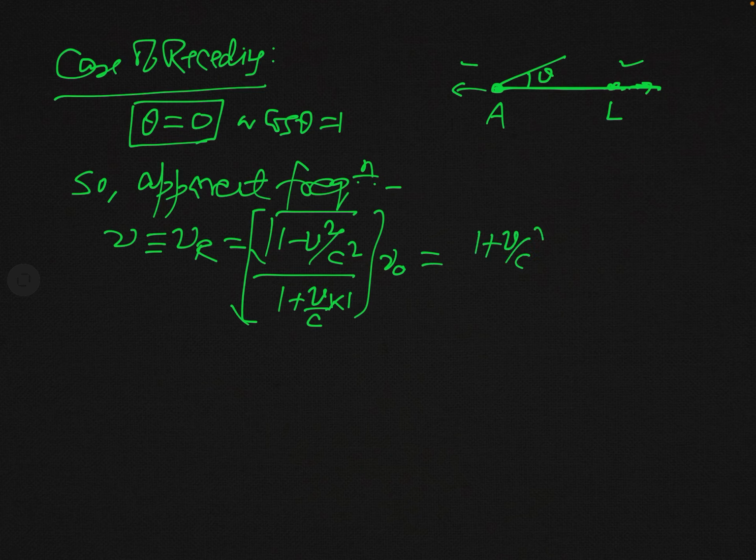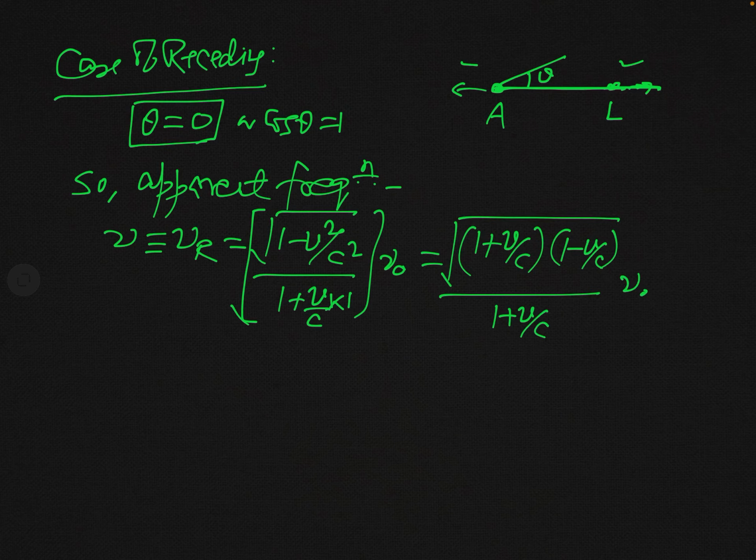and into nu naught. So you can see from here that this will be the square root of 1 plus v by c into 1 minus v by c, divided by 1 plus v by c, into nu naught. Now one of the square root of 1 plus v by c will cancel out, and we will have the result square root of 1 minus v by c over 1 plus v by c into nu naught.